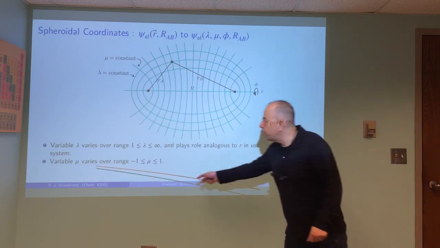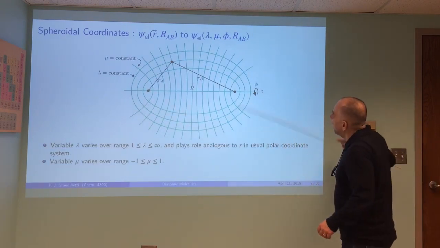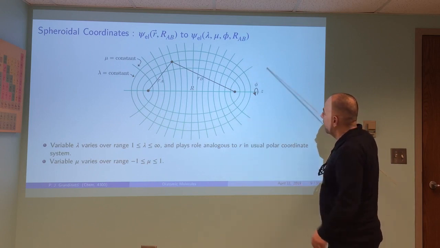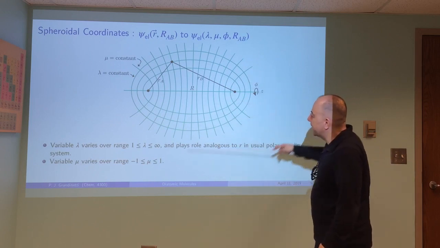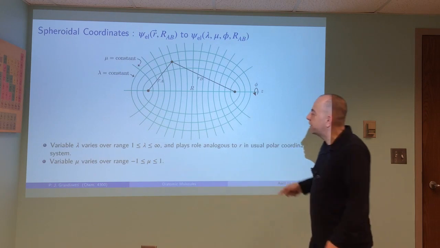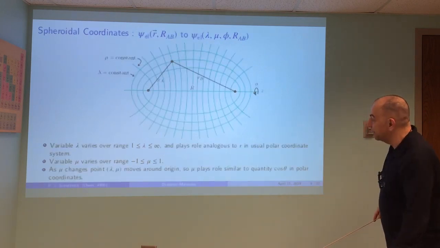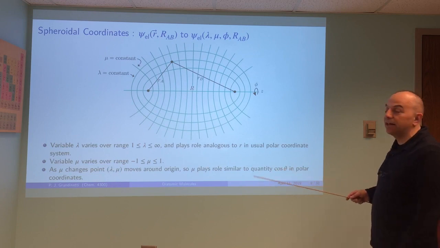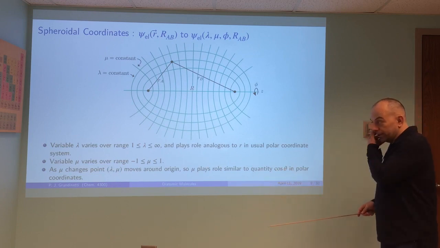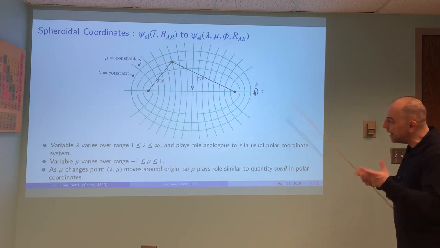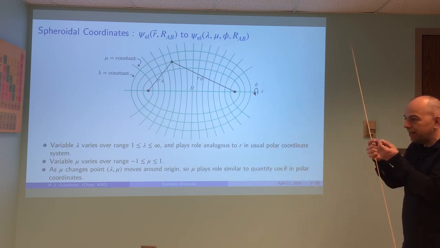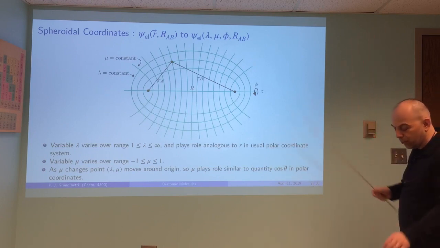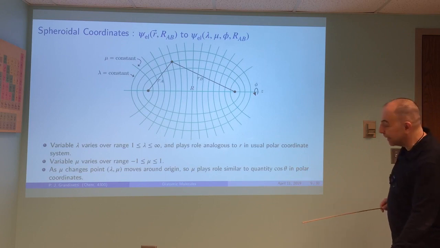And the variable mu, which are these hyperbolas here, goes from -1 to 1. In a way, these play a role similar to cosine theta in the polar coordinate system. So it's like a polar coordinate system, except instead of one origin, you have these two points that your whole thing is centered around.